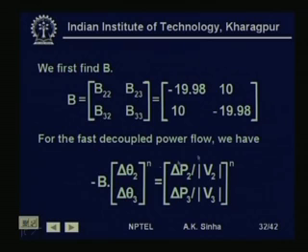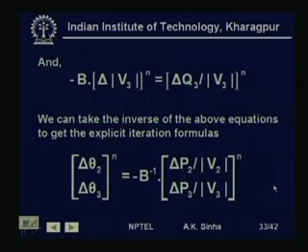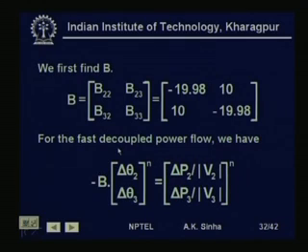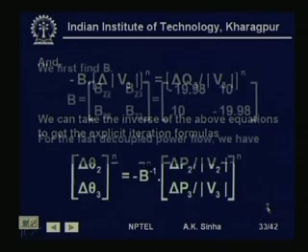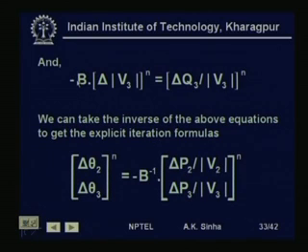Now, for fast decoupled power flow, we have minus B into delta theta, or delta delta, equal to del P by V, and we have minus B into del V equal to del Q by V. Now, we can take the inverse of the above equations, that is, we can solve this by using minus B inverse into this, which will give me delta theta, or delta delta, whatever you write, at nth iteration, equal to minus B inverse into delta P by V at nth iteration.